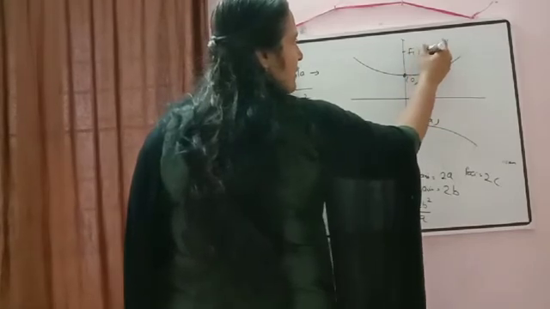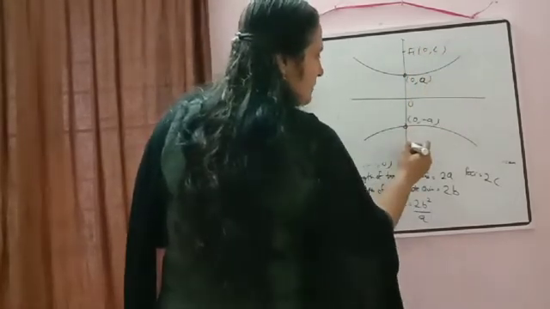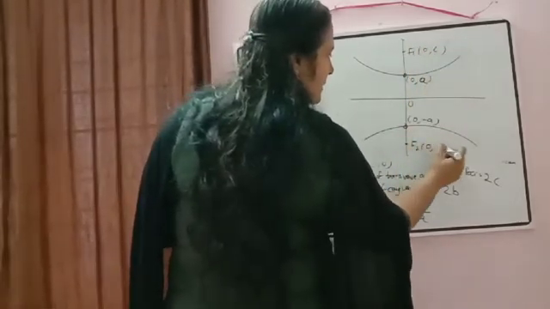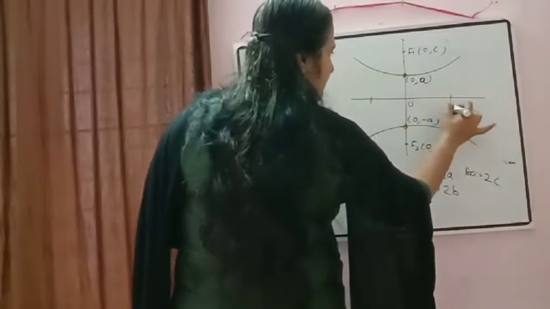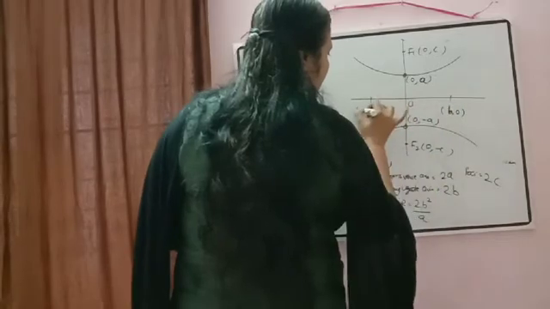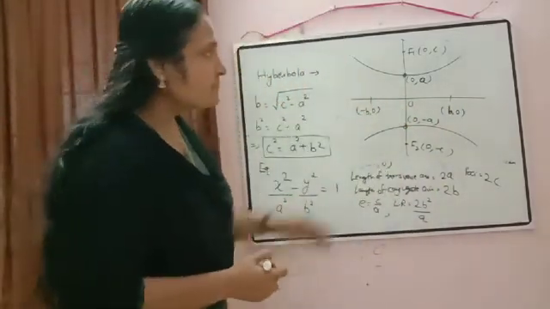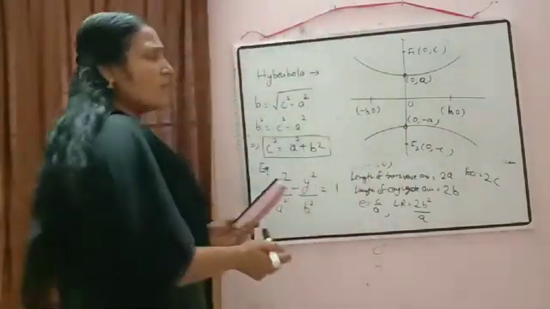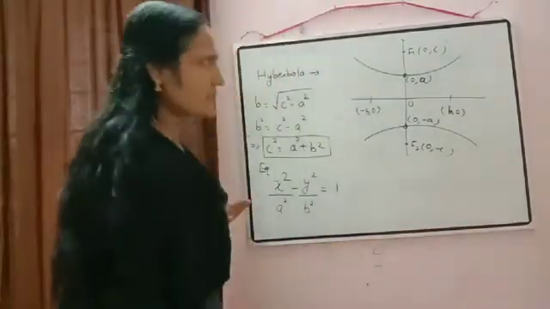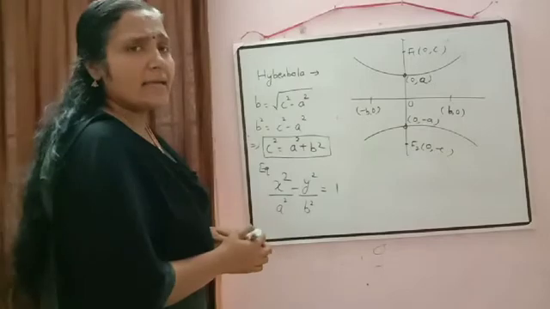F1 will be equal to 0 comma c, and here F2 will be equal to 0 comma minus c. Here we will take it as b comma 0, and here it will be minus b comma 0. So the axis in which we have foci, vertices, everything is called the transverse axis. So our transverse axis is along y-axis there.